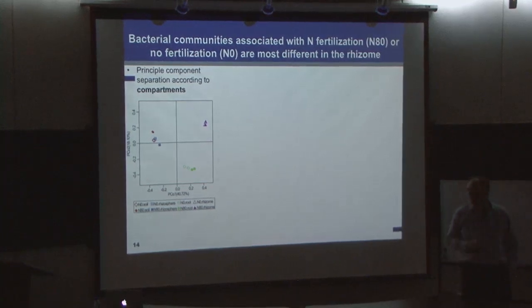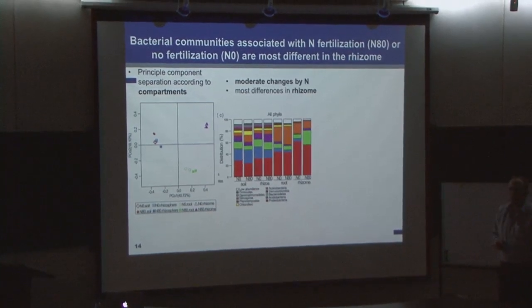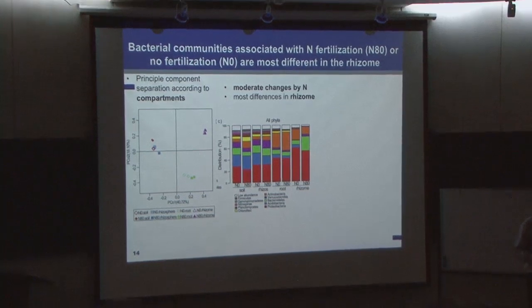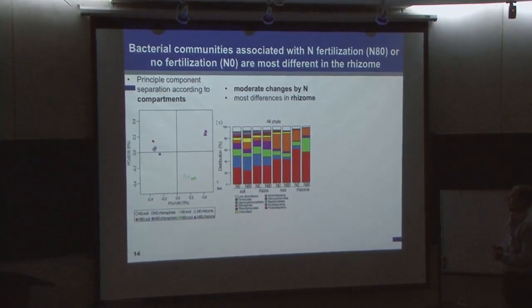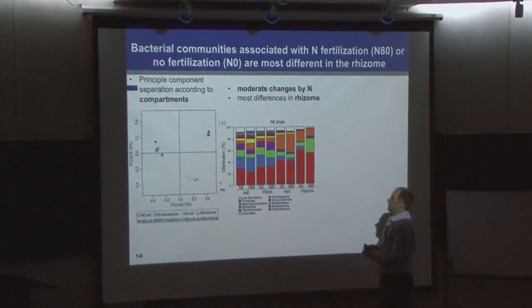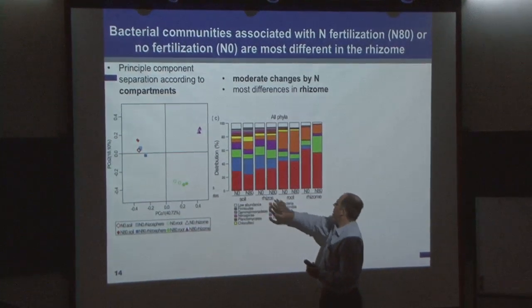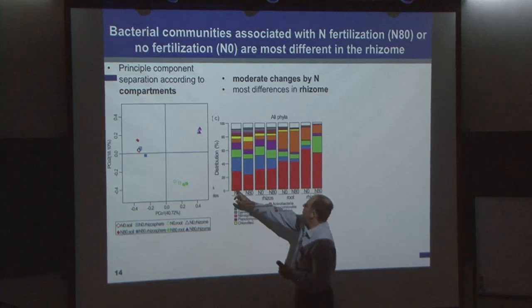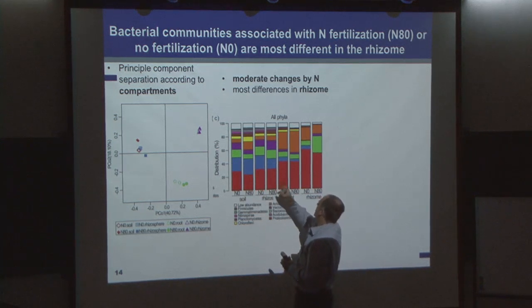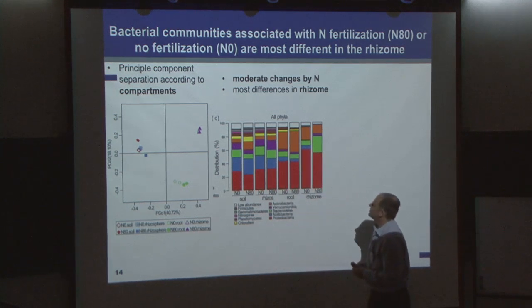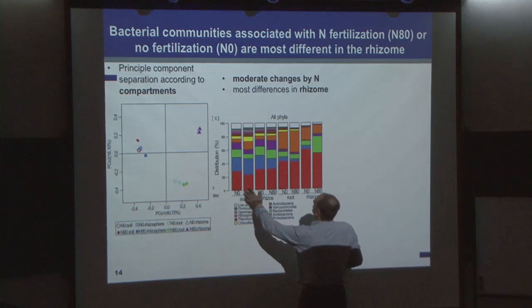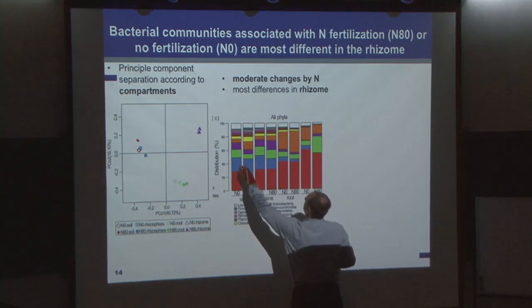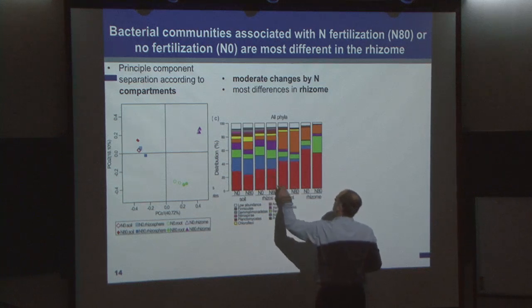So that's how the data is. When we now look at the different phyla that we find in the different compartments in soil, rhizosphere, root, rhizome, without nitrogen, with nitrogen, without, with, and so on. What can we see? We see, well, there's a little bit shift here in the different phyla.